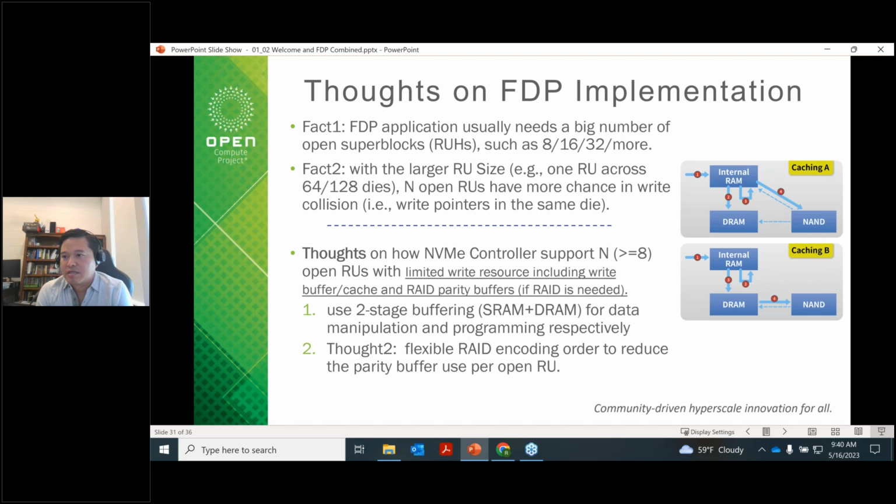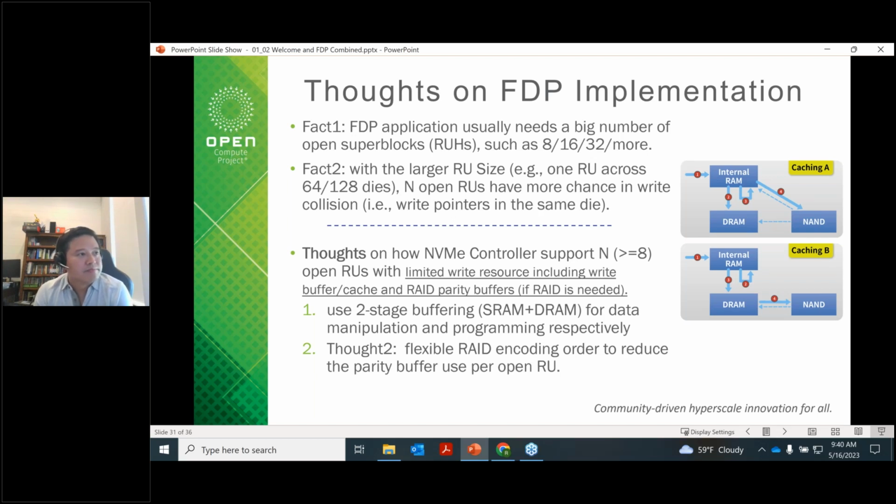The second one is a flexible read encoding order to reduce the parity buffer use per open RU. We can have some options: the encoder works in the word line in each die first, or the encoder works per flash page and then goes to the next die across channels. This is some options we can consider from the implementation.